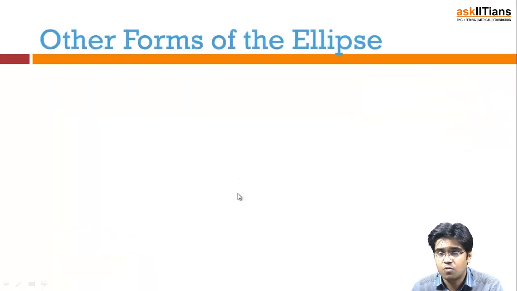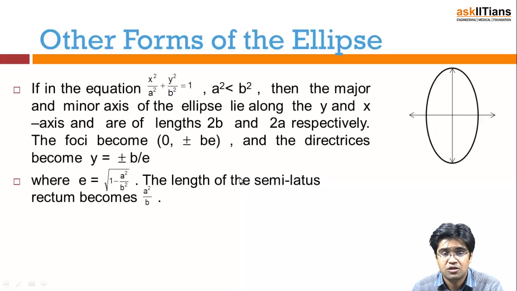Let's move to the other form of ellipse. You could have seen that this ellipse was horizontal because its major axis was the x-axis. What about if the ellipse's major axis is vertical, like this? The equation remains the same. The only difference is that now this length 2b from here to here will be greater than this length 2a.